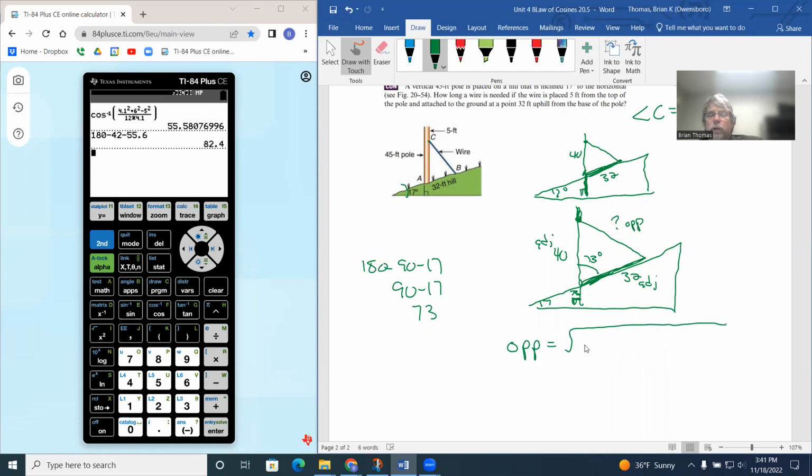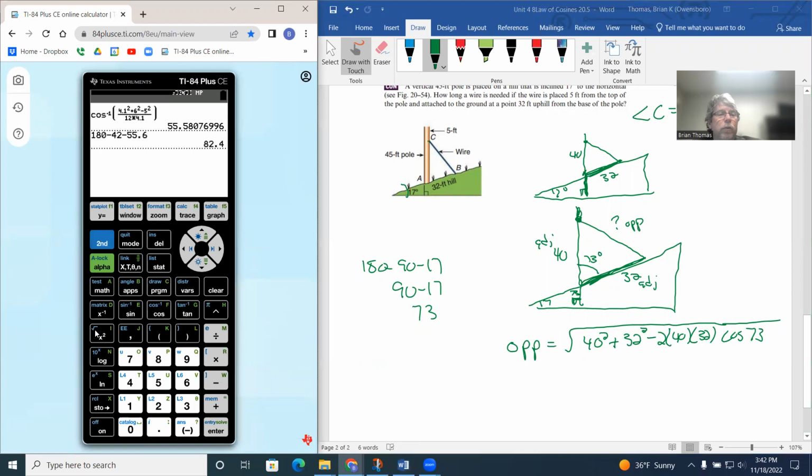So the opposite squared is going to equal the adjacent squared, which is 40 squared, plus the adjacent squared, which is 32 squared, minus 2 times the adjacent, which is 40, times the adjacent, which is 32, times the cosine of that included angle, which was 73. So if I do that math, that'll give us our solution. And remember, our mode is still in degrees, so we're okay there.